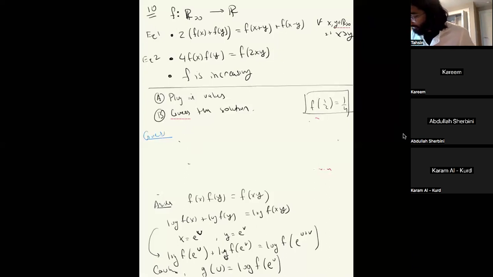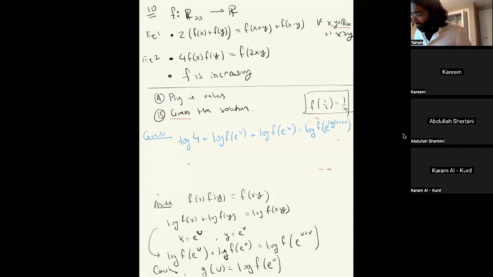So for us, we have log of 4 plus log of f of e to the u plus log of f of e to the v is equal to log of f of e to the log 2 plus u plus v.